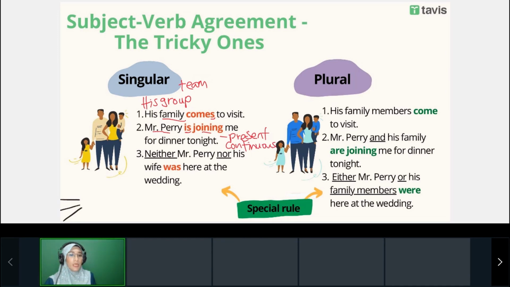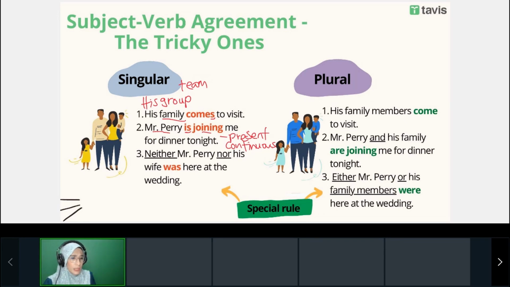Present continuous is still in present tense. However, it has this verb, which we'll call a helping verb. It helps the word join. So Mr. Perry is.